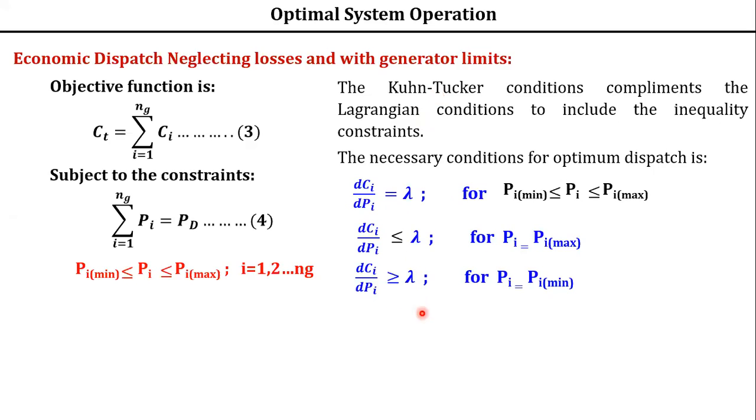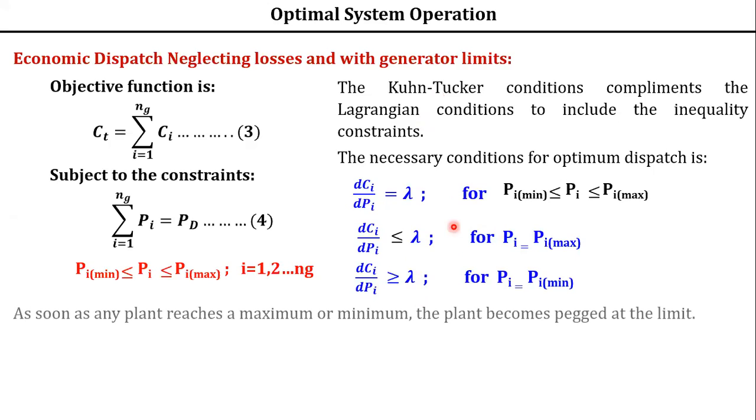So the same conditions I have given in terms of statements. As soon as any plant reaches the maximum or minimum, the plant becomes clamped or pegged at that limit. If it exceeds the maximum limit, that particular plant or unit will be clamped or pegged at the maximum limit.